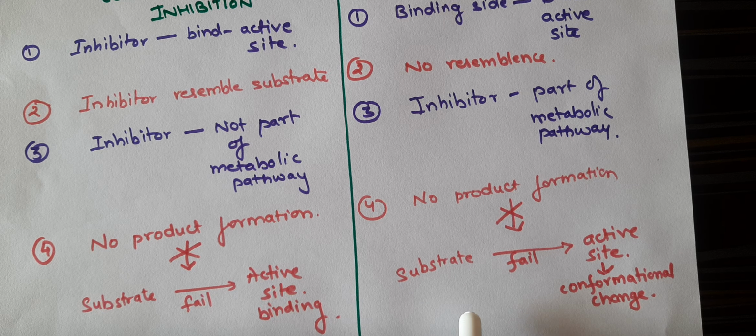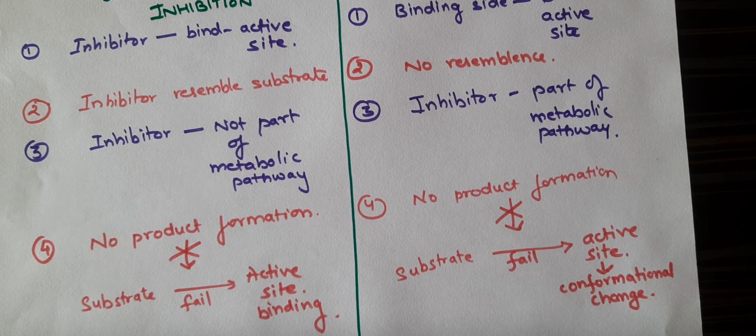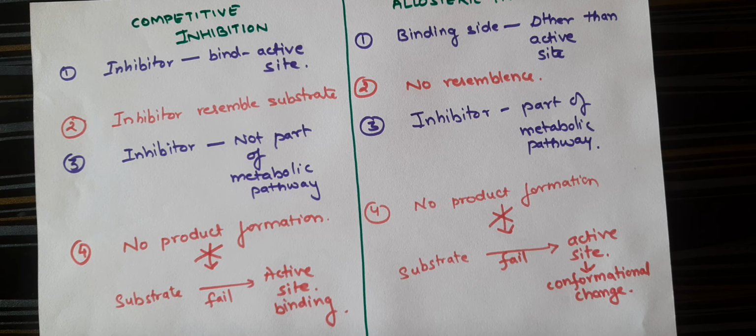However, in case of allosteric inhibition, the inhibitor has bound to the site other than the active site, but then also the substrate fails to bind the active site because the conformational change happens in the active site due to binding of the inhibitor to the other site. So in both the cases the substrate fails to bind to the active site, and this will lead to no product formation. So in both the cases the inhibition will be there.